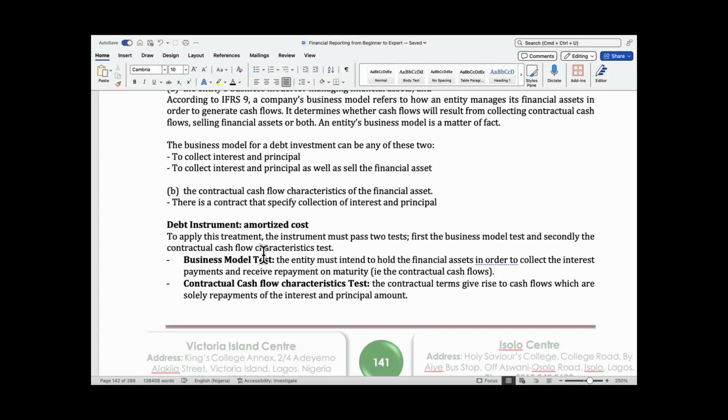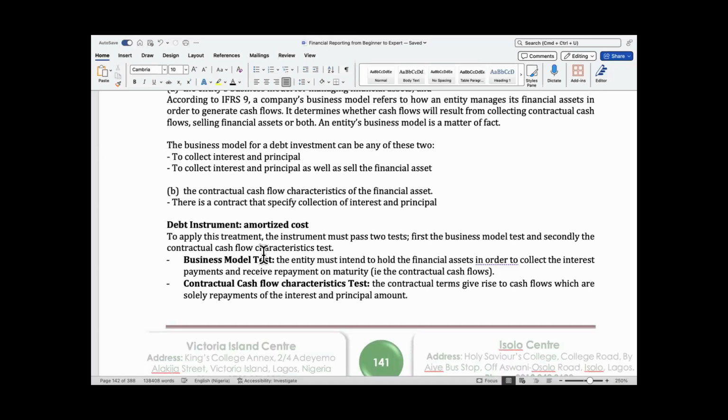Now, I've already shown you the difference between fair value through P&L and fair value through OCI when it comes to measurement. The difference is just in when there is a change in fair value, where do you take the gains to? That is where the difference lies.